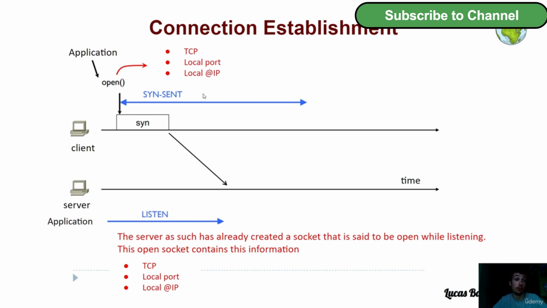We can also ensure that application A is the client and application B is the server, because it is always the client that initiates the establishment. Remember this: in the TCP connection establishment, the client always initiates. So we know for sure that application A is the client, if this was a question. So we have here the synchronization packet that we send.